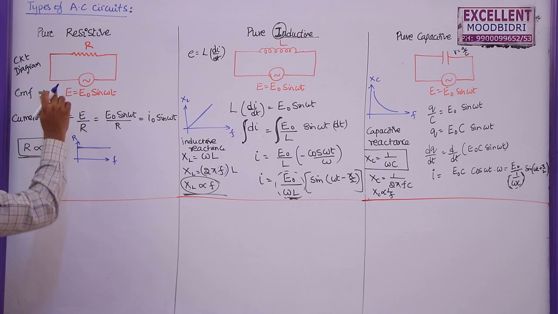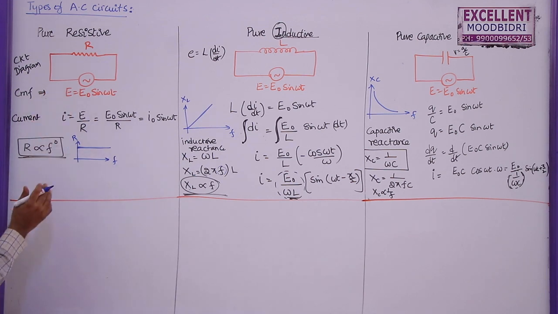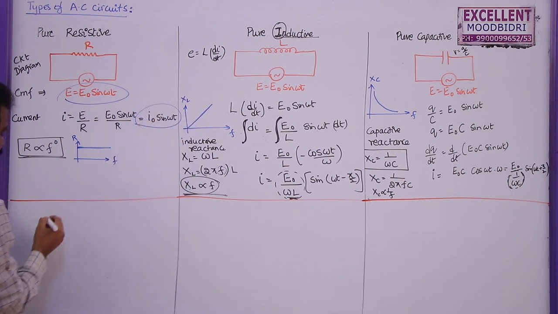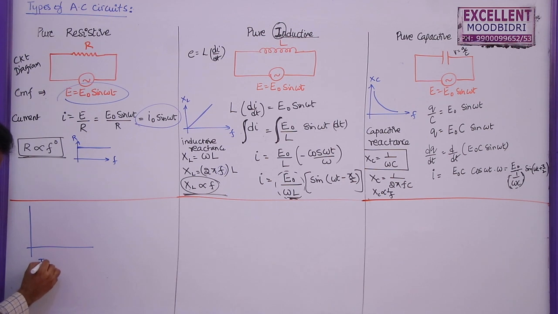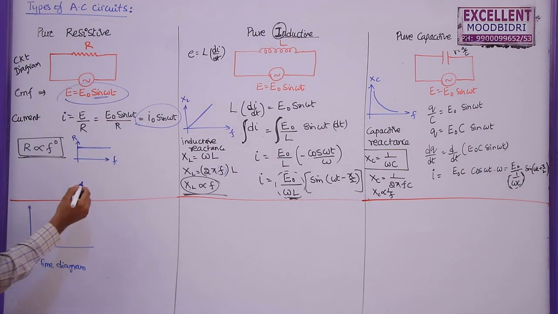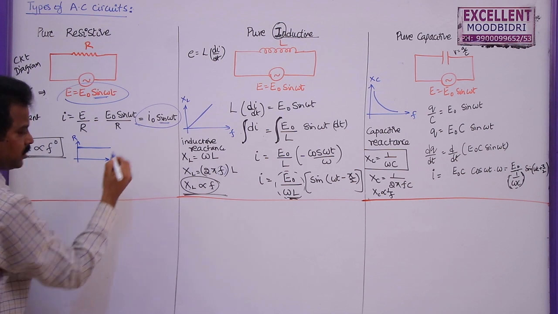Now, in a pure resistive circuit, if you want to find the relation between EMF and current, I am going to take the time diagram here. In this time diagram, if you want to represent EMF, this is a sine function, and current is also a sine function.